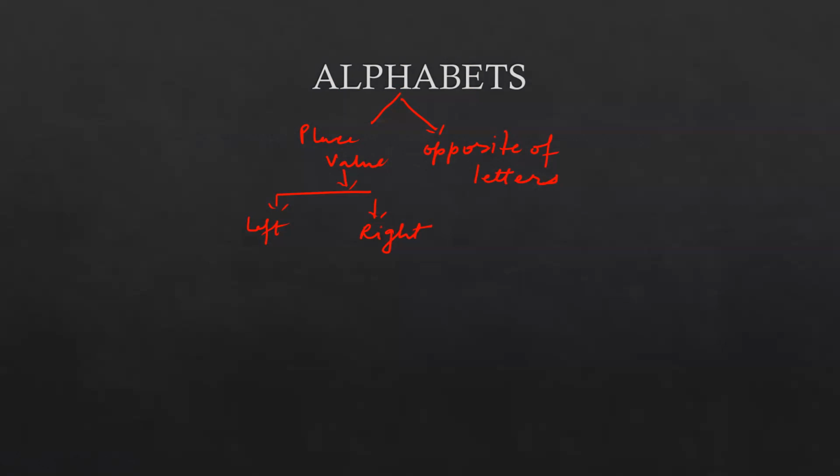So we can study from A, B, C, D till Z, or we have to study from the right end, that is Z, Y, X, this way. Suppose in this series you have written some alphabets. This will be the left end, and this will be the right end.